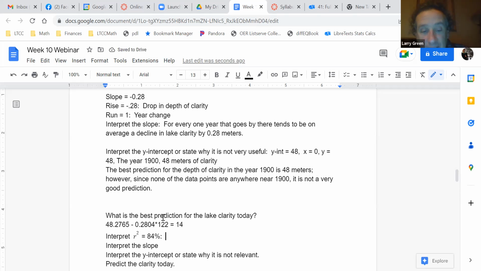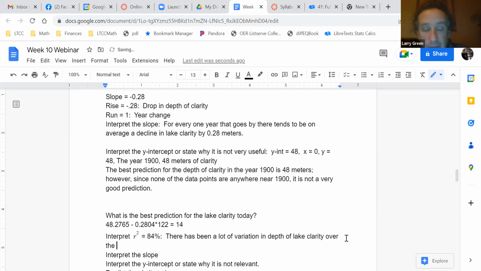We can say there has been a lot of variation in lake clarity, and maybe depth of lake clarity, over the many years before now.